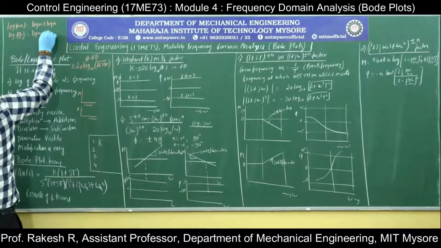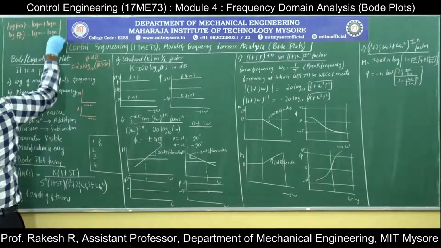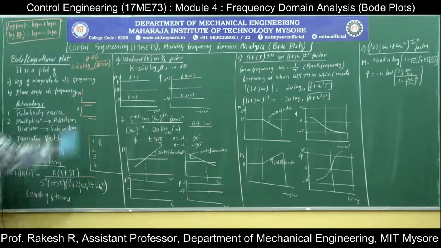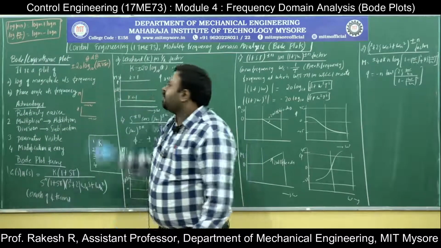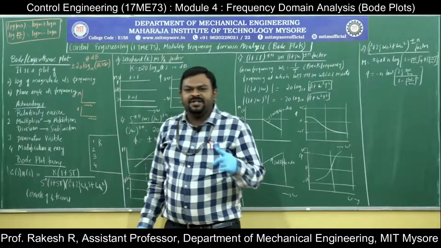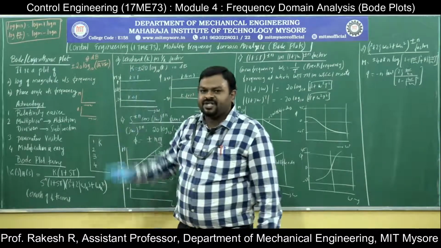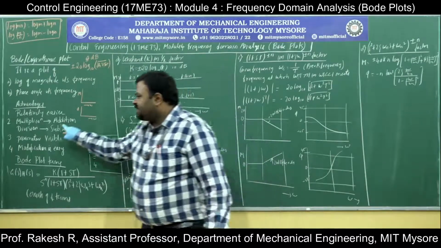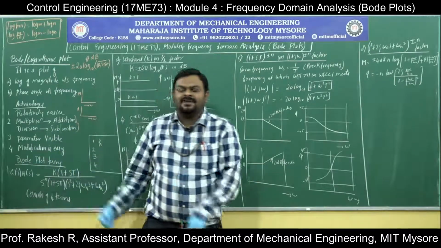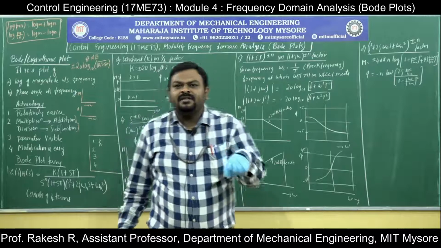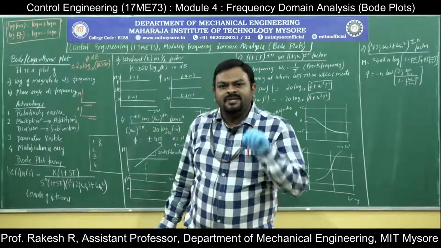Log m minus log n. So this is the biggest advantage in the Bode plot. Wherever there is a multiplication, that will be converted to addition. Wherever there is a division, that will be converted to subtraction. That is the first advantage of the log plot. And because of this flexibility, plotting the log graph is very easy.